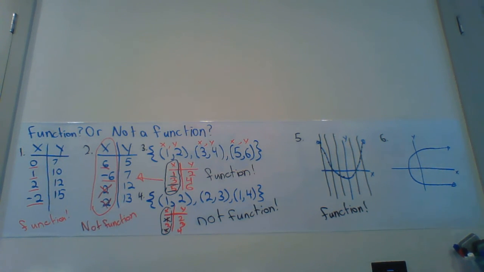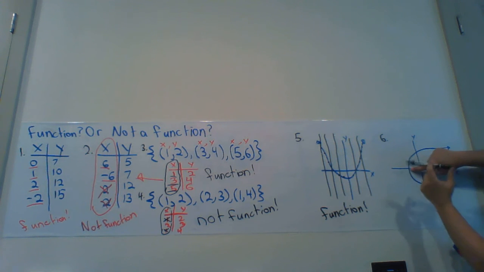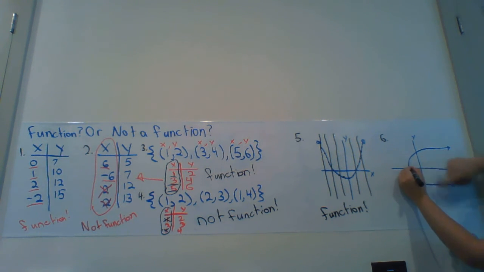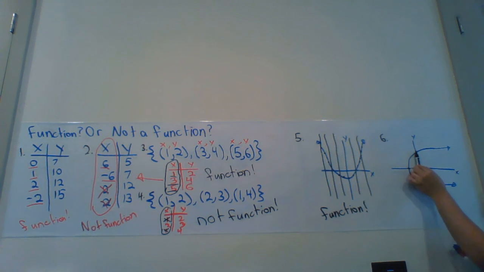I'm going to do the same thing here. I'm going to take my marker, start on the left, make sure you're vertical, right? And you're going to move to the right. Now, I'm looking for when it hits the graph. So right here, it touches right here, but just one time so far. But if I keep moving over, I'm going to see that my marker actually hits the graph twice.